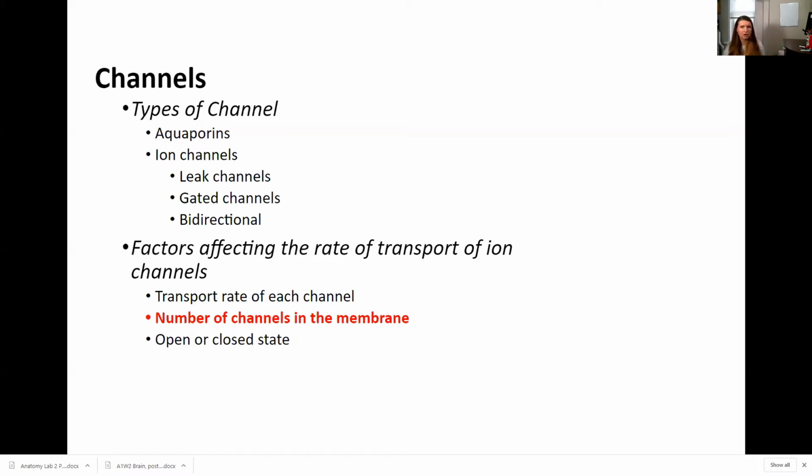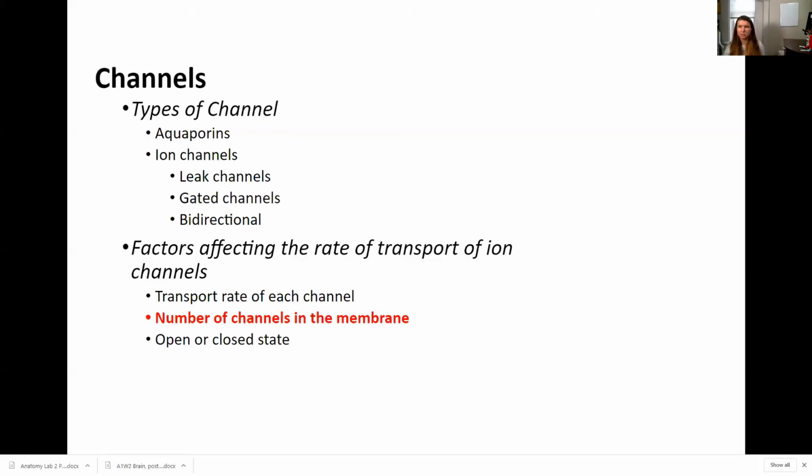But we'll also have ion channels that open in specific ways. We'll have something called leak channels that basically allow ions to leak through, so it allows us to move towards our equilibrium potential. And we just have a little leakage of that ion, always moving in that direction along the electrochemical gradient. We'll also see we have gated channels. So gated channels will be triggered to open by something else.